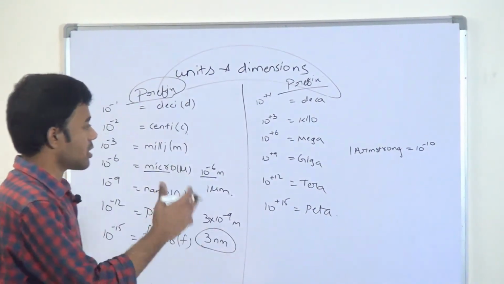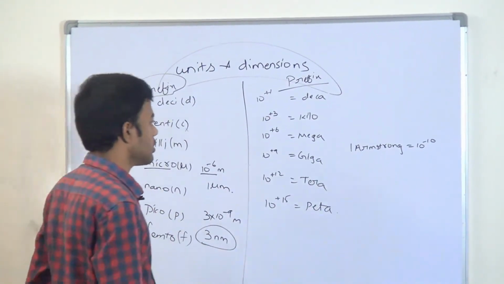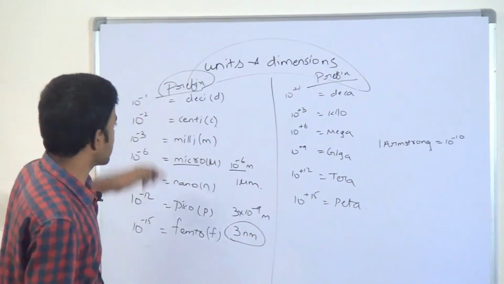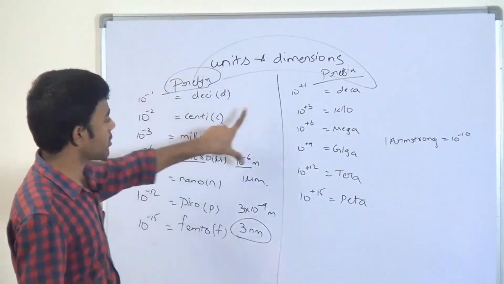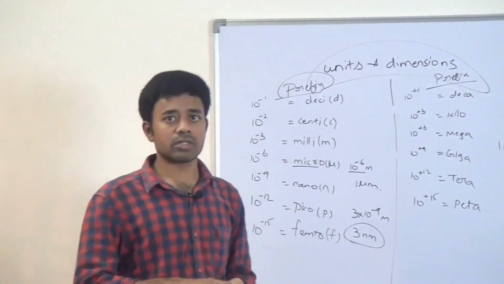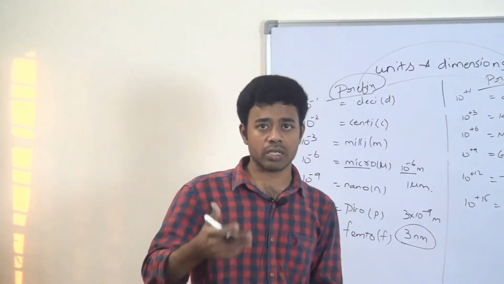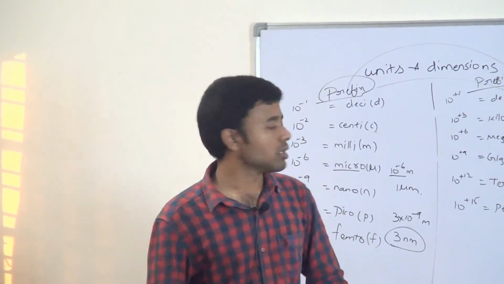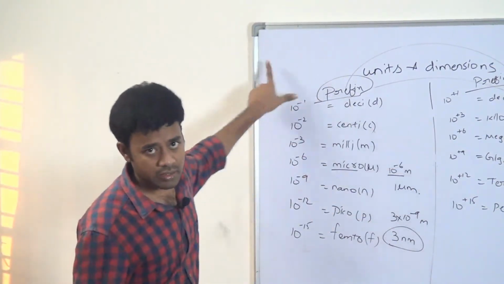So we have these types of prefixes too, apart from the basic prefixes. These prefixes have to be added in front of the units if those quantities are larger or smaller like this.